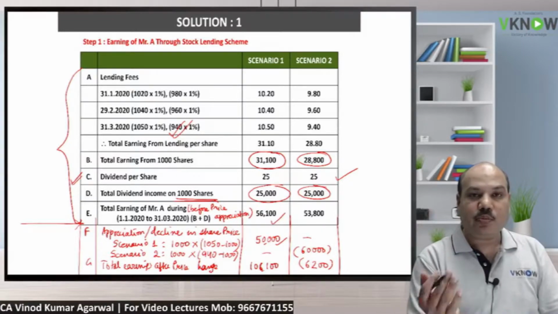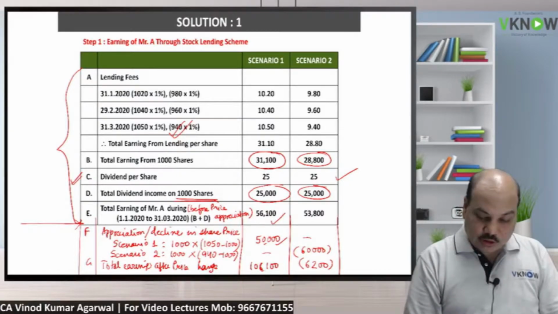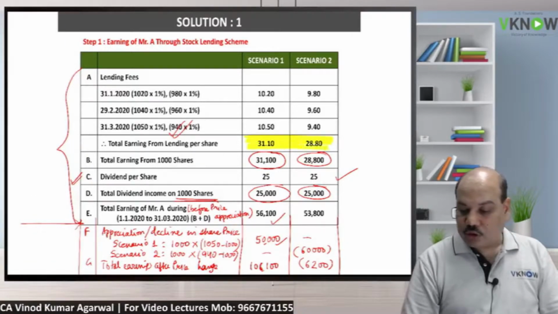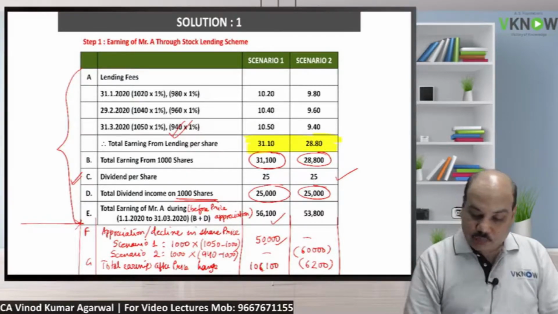Next question is from the short seller's point of view. Understand, from the short seller's point of view, he will have to pay the stock lending charges, that is his expense. He will have to compensate dividend.